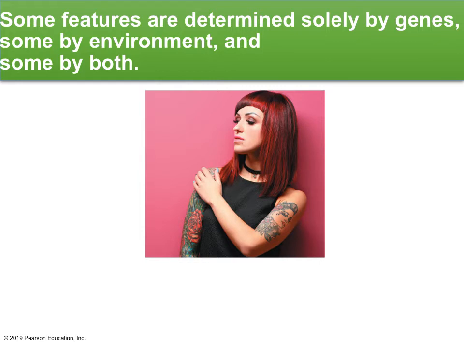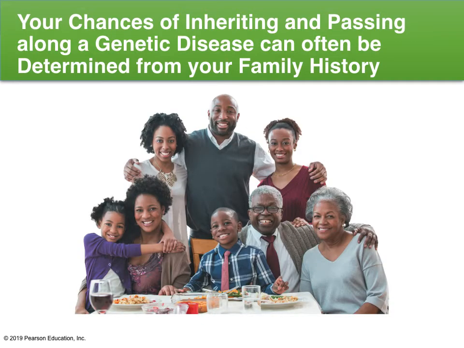There are some features that can be changed by the environment, even by intention, and some are determined by both. Your chances of inheriting and passing on a genetic disease can often be determined by your family history. So this is why we do the pedigrees like you did in the lab from last time.